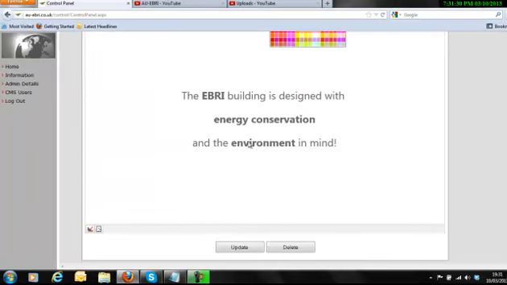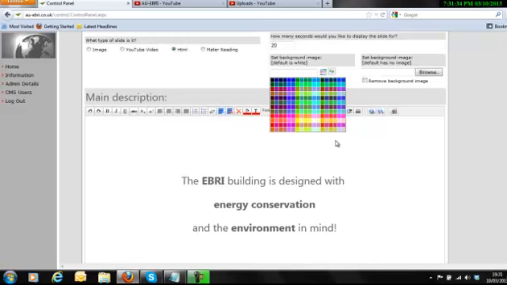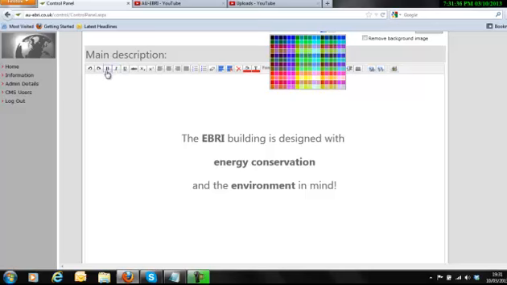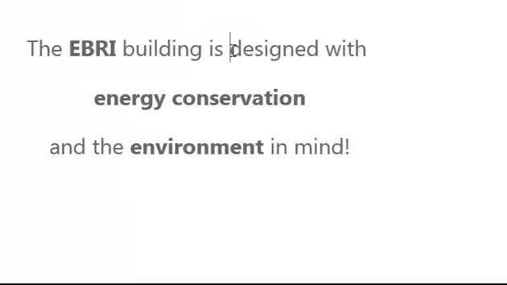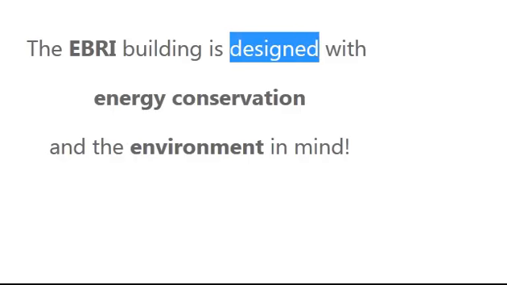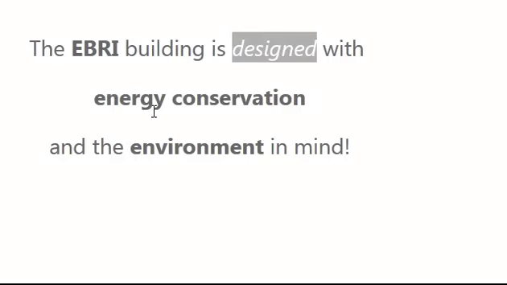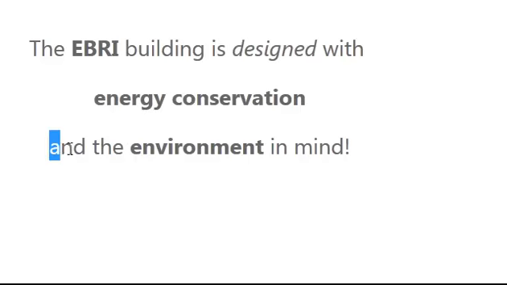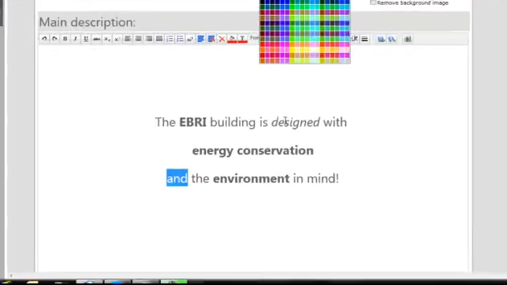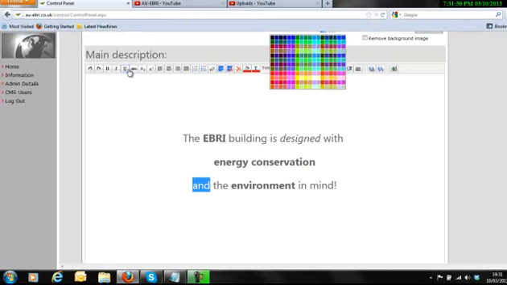Further on down here, I can add the content into this area, and I can format it using the functions that are available to me. You see here I've made this italicized, and this I've made underlined.